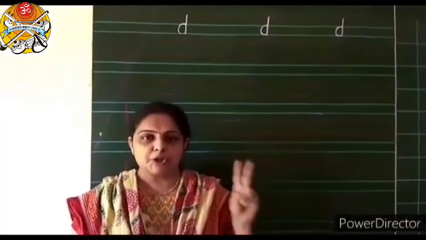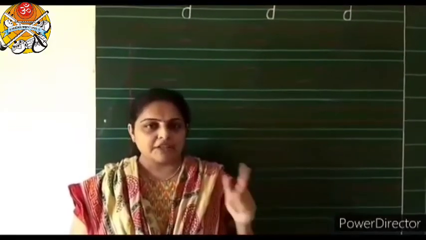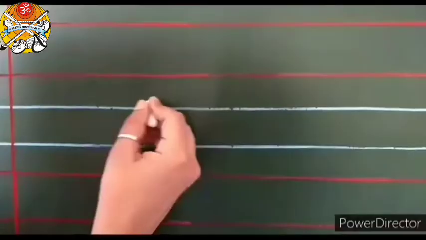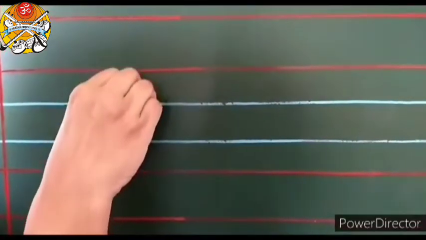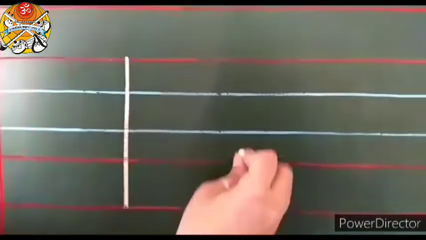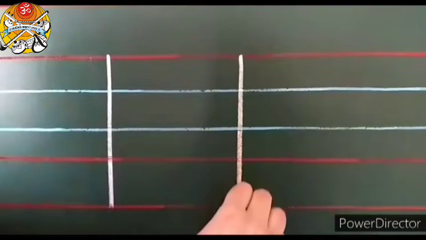Now we will draw two pictures which start from script letter D. First we will draw a dustbin and a dog. So look here. To draw a dustbin, we will draw a standing line like this. Okay, children. A little bit far, another standing line. Right.